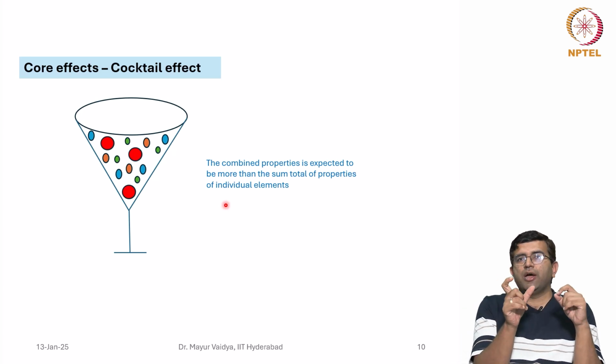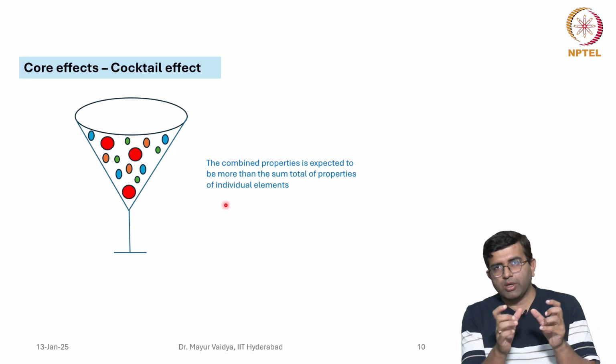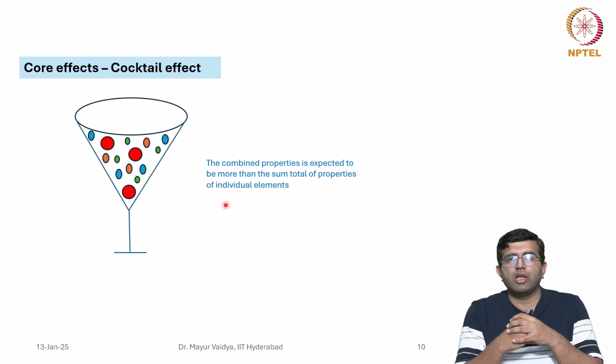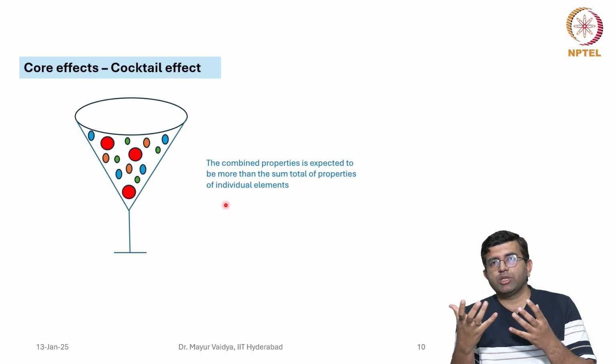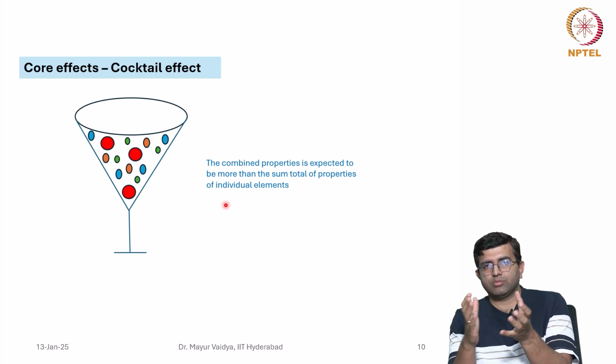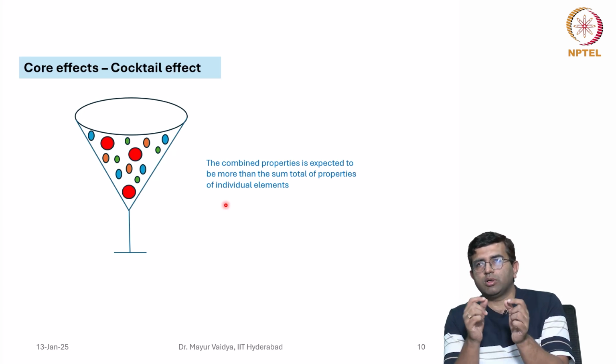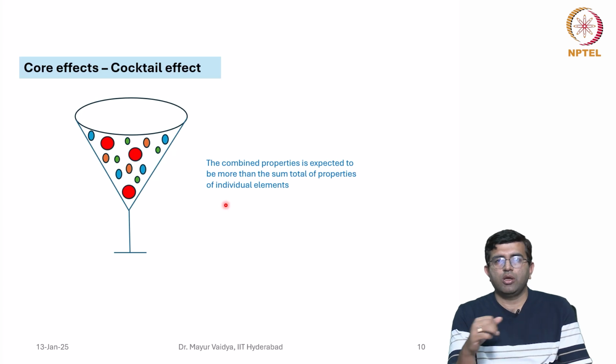So, this is not really a quantifiable effect, but it is more of a notion that when you combine the elements in different fractions, then the property is more than what you get from just summing the individual properties. So, it is like a cocktail.